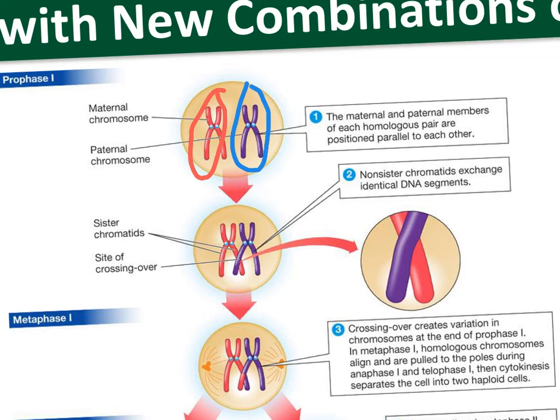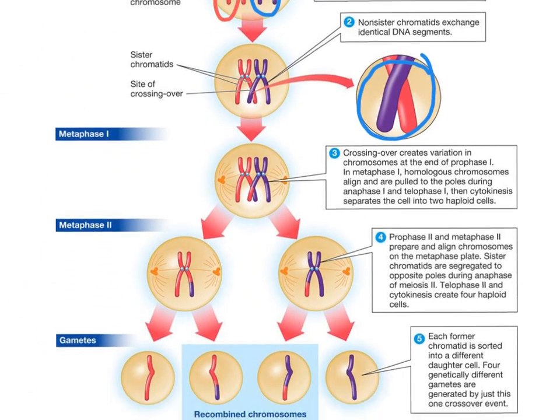And when they line up along the metaphase plate, one arm of the paternal and the maternal crossover, and they switch or flip material so that the new chromosome, if it was maternal, now has some paternal genetic alleles, or vice versa, if it was paternal, now has some maternal. Okay.